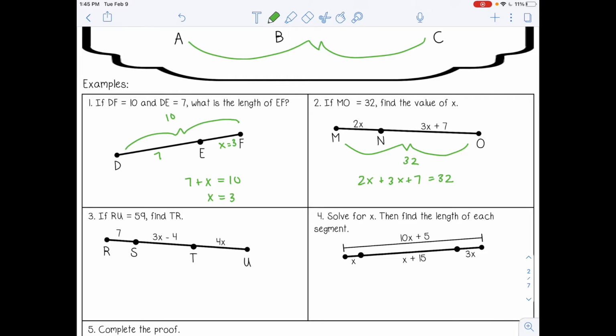So we just need to solve for X. We have like terms, 2X and 3X is 5X. We can subtract 7 on both sides. I'm going to run out of room, so I'm going to bring the rest of the equation up here. So 5x equals 25. Divide by 5 on both sides, so x is 5.